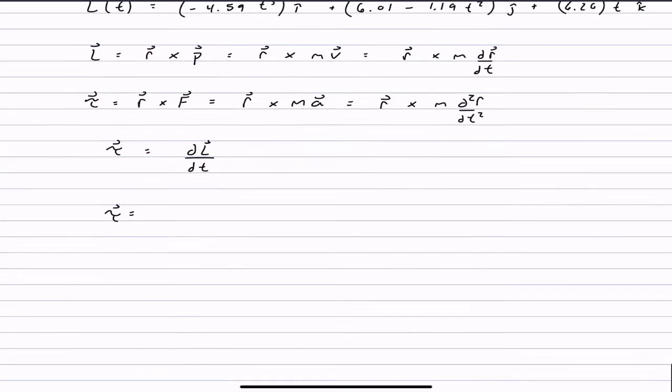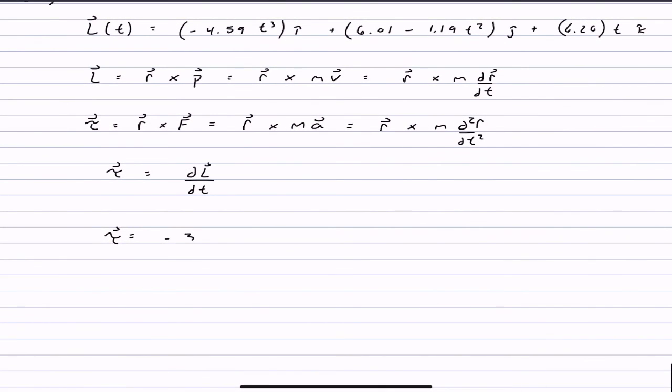So torque is equal to the derivative: -3 times 4.59 t squared i hat plus -2 times 1.19 t j hat plus 6.26 k hat.